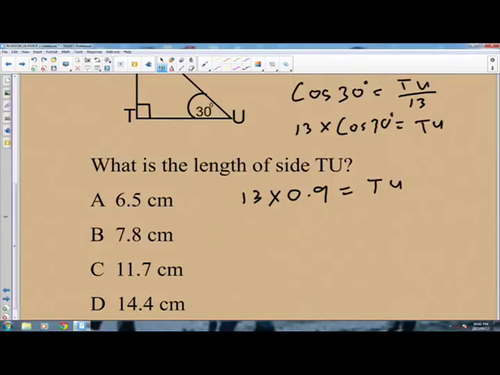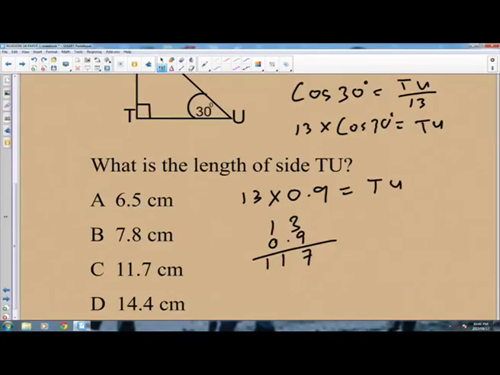This simply means 13 times 0.9. 9 times 3 is 27. Carry 2. 9 times 1 is 9 plus 2 is 11. So this is what we have.